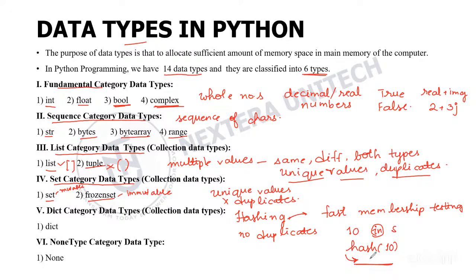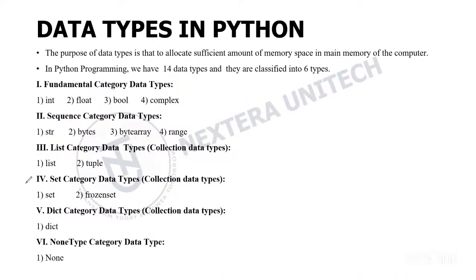If it is present there, we'll be getting true, and if it is not, we'll be getting false. In the same way, we can store the elements, and in the same way we can retrieve the elements. So its time complexity is O of 1. So it is a constant time. Even if you have 10 elements or 10,000 elements, the time complexity will be the same and we'll have a faster retrieval.